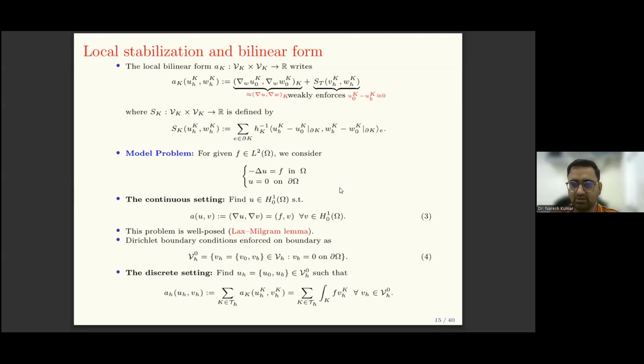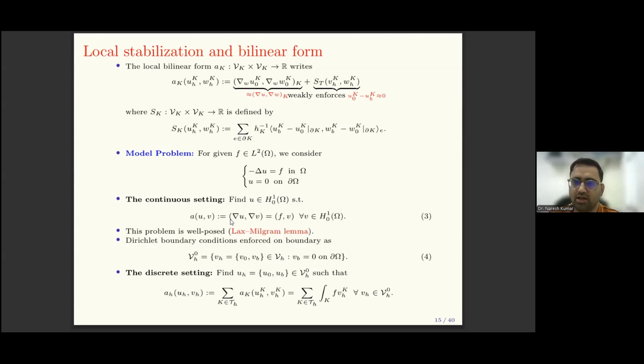Suppose this is the Laplace equation, the Poisson equation, minus Laplacian of U equal to F. In the continuous setting, we are looking for a solution U in H01, and it satisfies equation 3. And we already know that in the continuous setting we have a famous theorem, the Lax-Milgram lemma, and using this we can easily prove the well-posedness of problem 3.